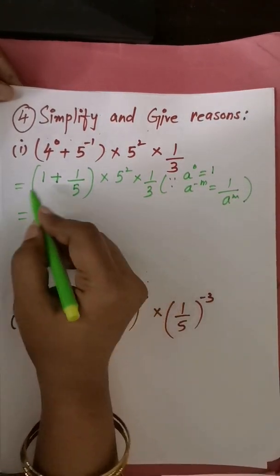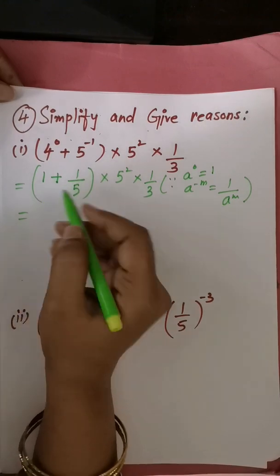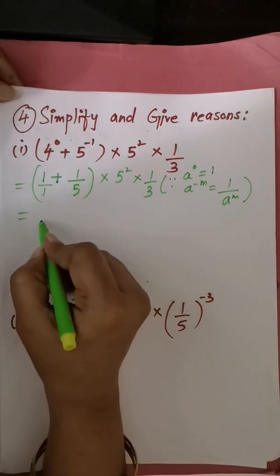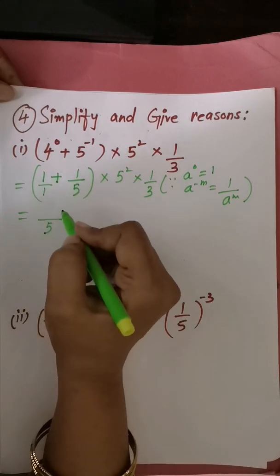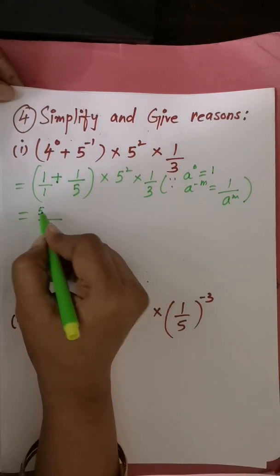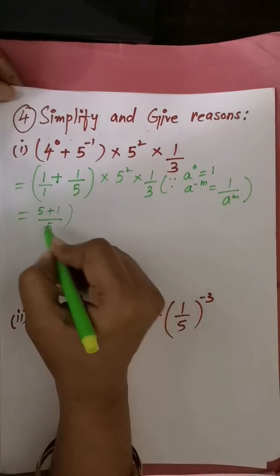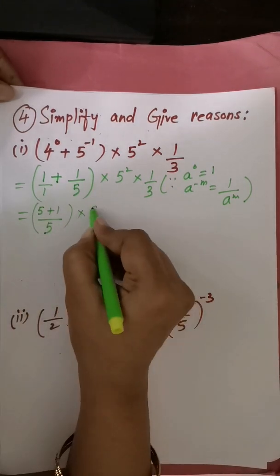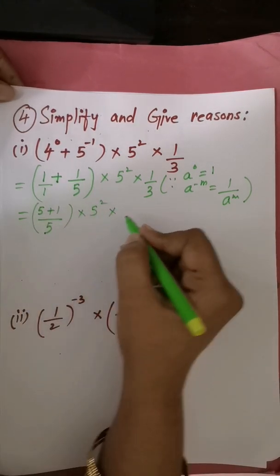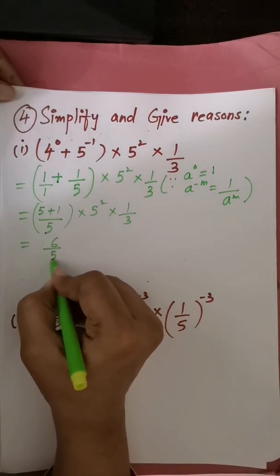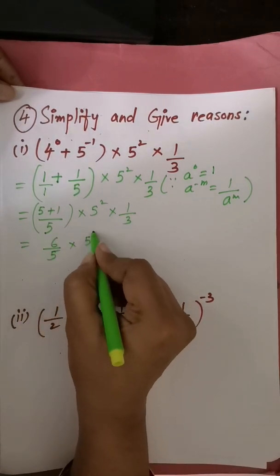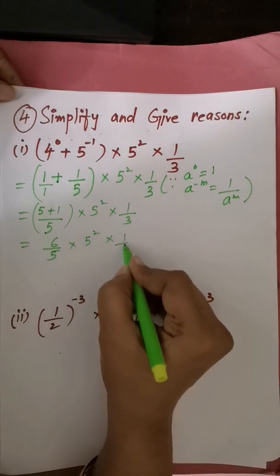Okay, how to solve this you all know. Nothing is there means 1. LCM will be 5. Seeing the denominator, it will be 5 plus 1, okay, into 5 to the power of 2 into 1 by 3. So it will be 6 by 5 into 5 to the power of 2 into 1 by 3.